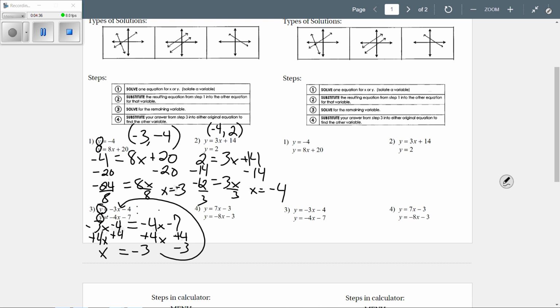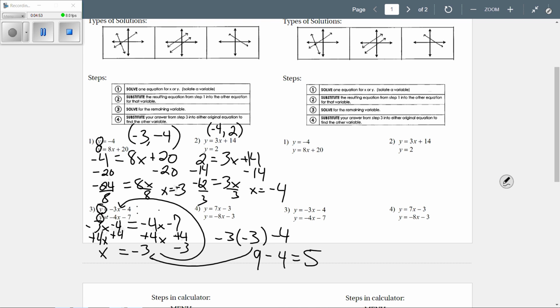I'm going to pick the first one. So -3 times -3, because that's what x was. Minus 4. Well, -3 times -3 is a +9. 9 minus 4 equals 5.